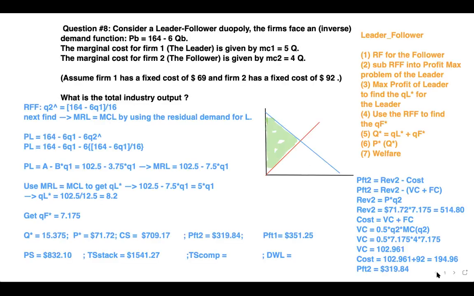So we have, you guys can remind me because it's on the other page. Well, maybe you guys can't see it either, but let's see. So demand is 164 minus 6Q, right? I could put the B there, but we don't really need to.